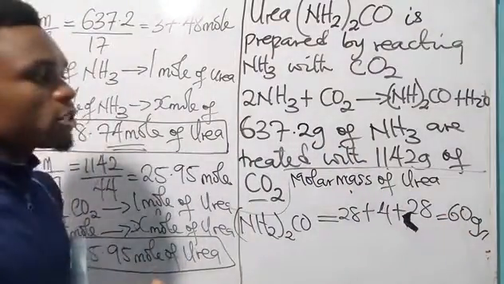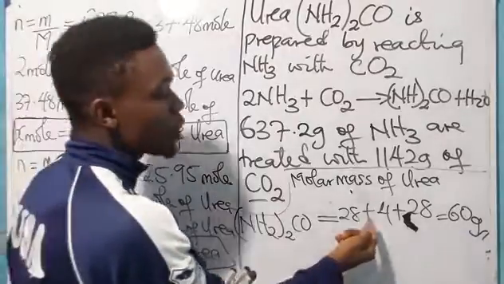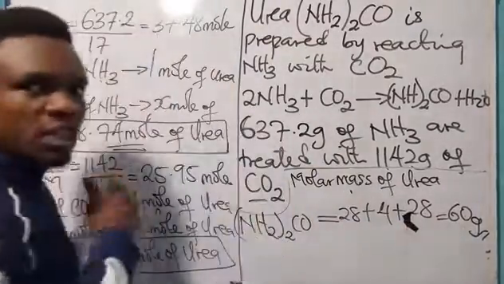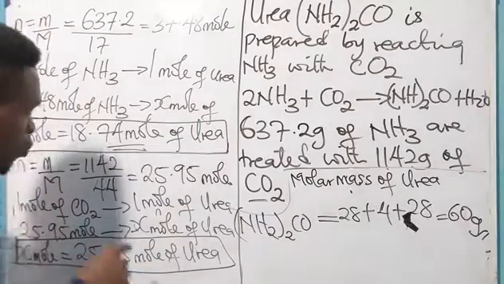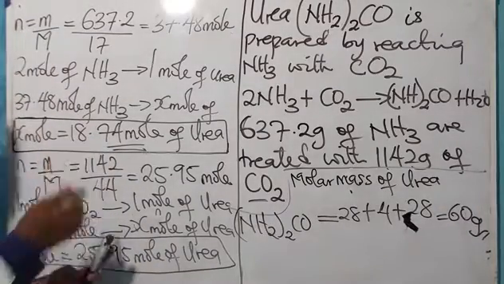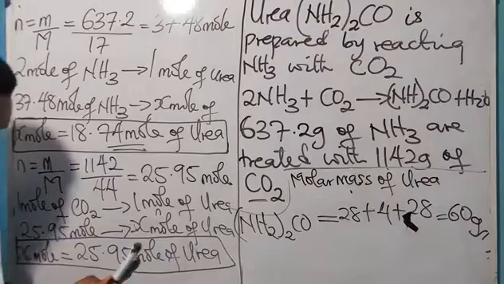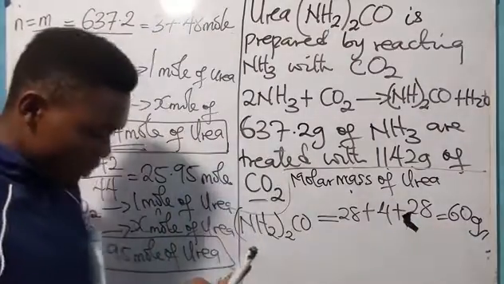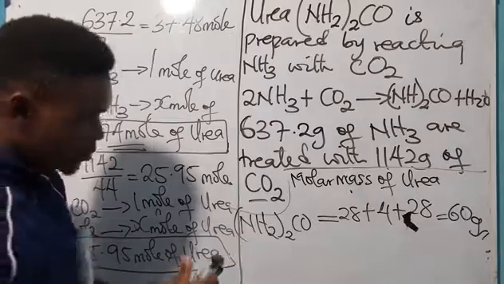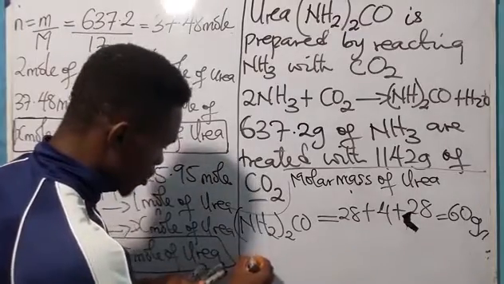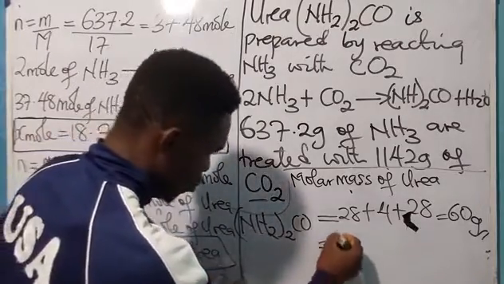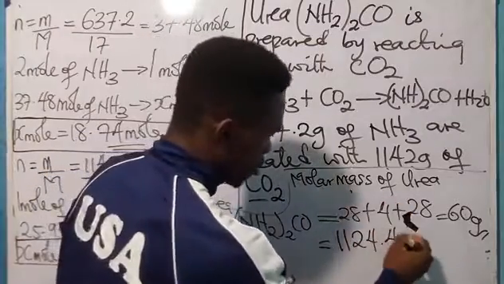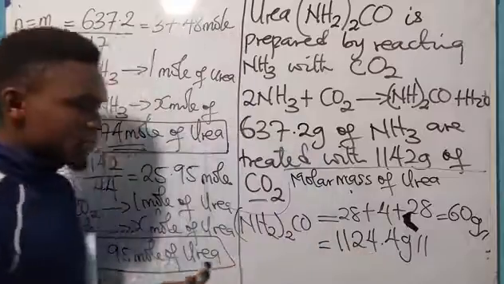Now for the mass, multiply this with the limiting value we had, 18.74 times 60 equals 1124.4 grams. That is the answer.